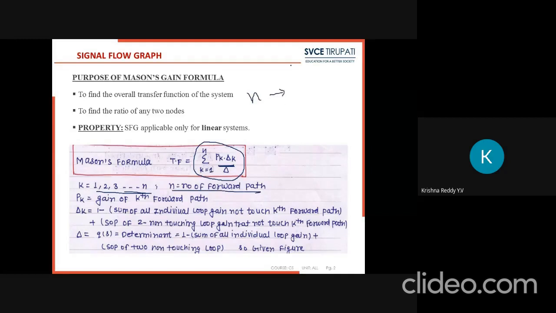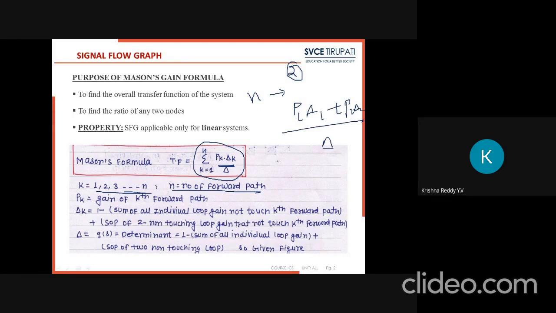Suppose you have two forward paths, then the transfer function is P1 delta 1 plus P2 delta 2 divided by delta. That is the summation of k equal to 1 to n of Pk delta k divided by delta.